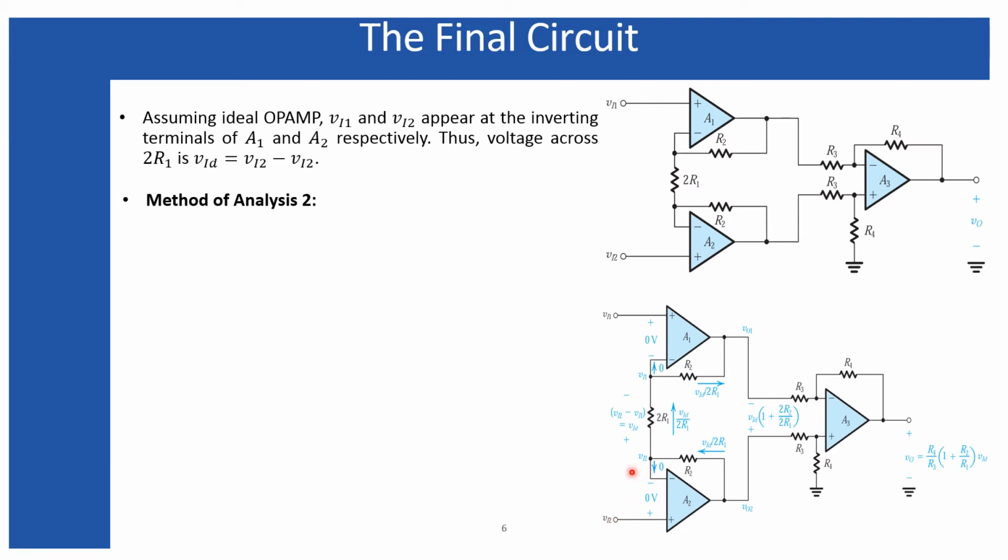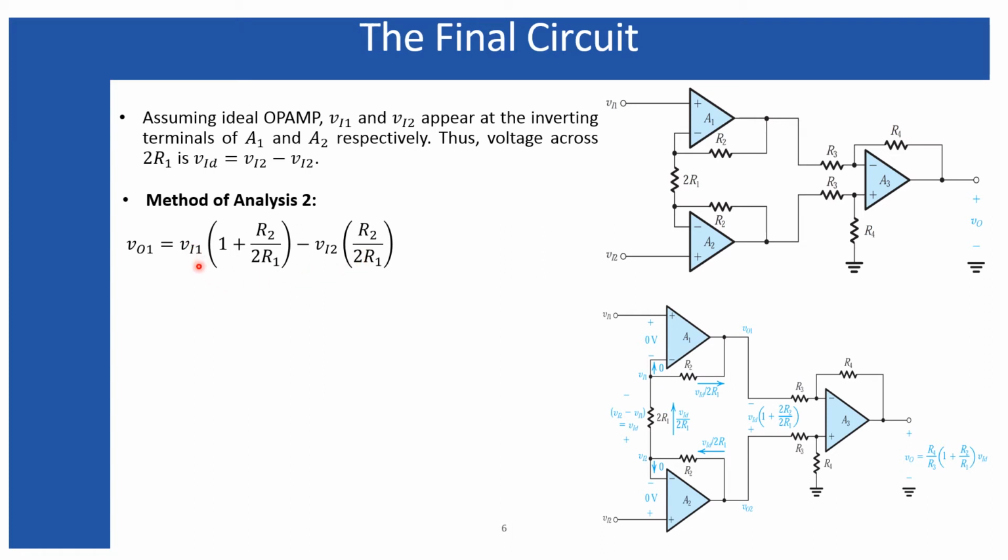So if we assume Vi2 directly appears at this terminal, then considering the inputs, Vi1 is applied at the non-inverting terminal of the operational amplifier A1, and Vi2 is applied at the inverting terminal of the operational amplifier A1. We can write the V01, the output voltage of A1, in this way.